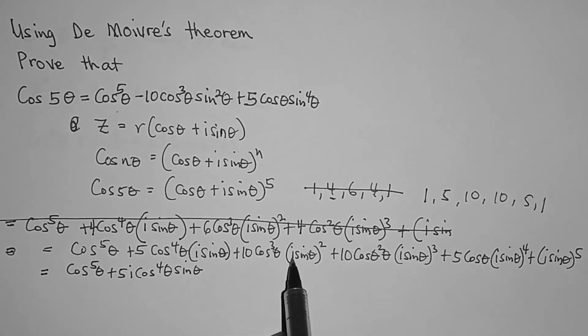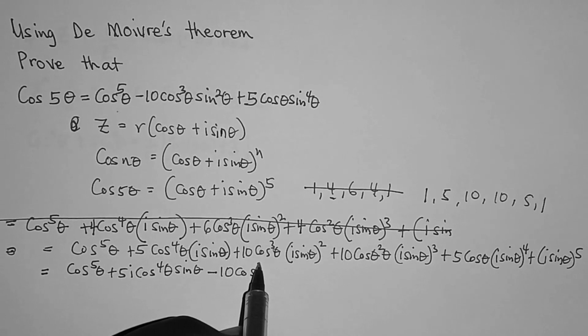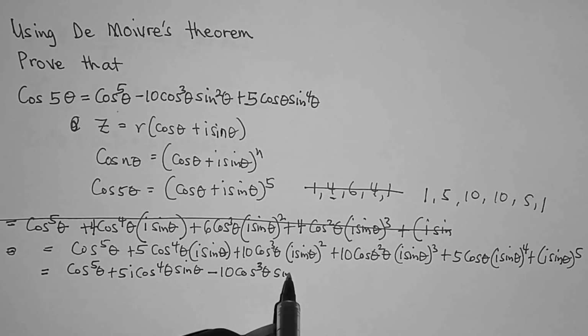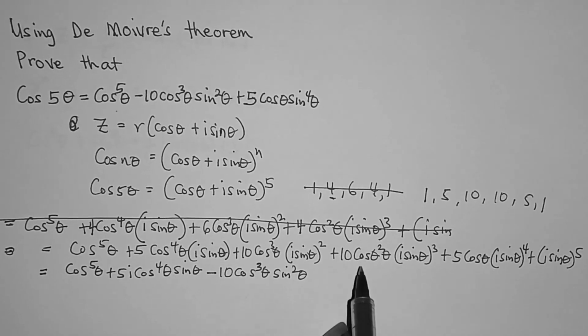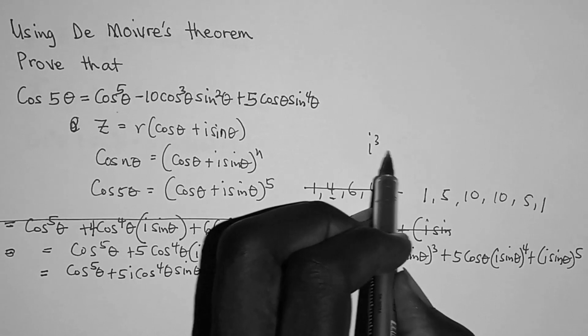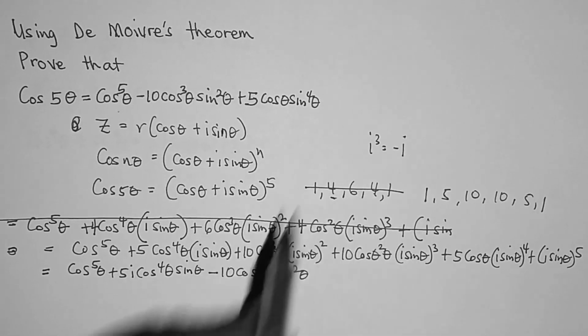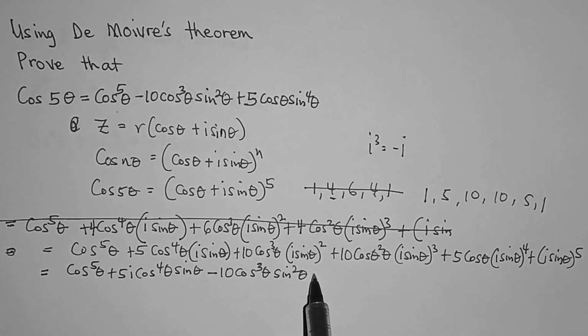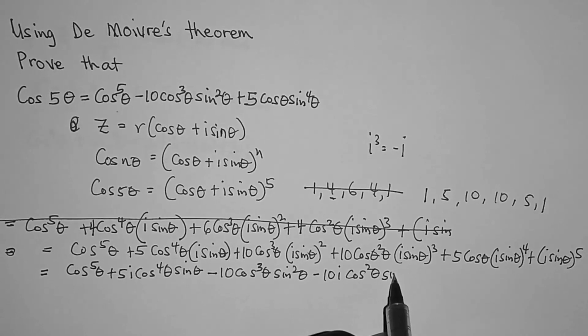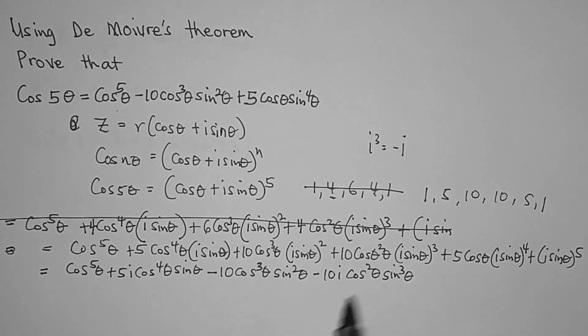And you see that here is going to be i squared. i squared is minus 1, so it will give us minus 10 cos cubed theta sine squared theta. And here is i exponent 3, which is equal to minus i. So here is going to give us minus 10i cos squared theta sine cubed theta.